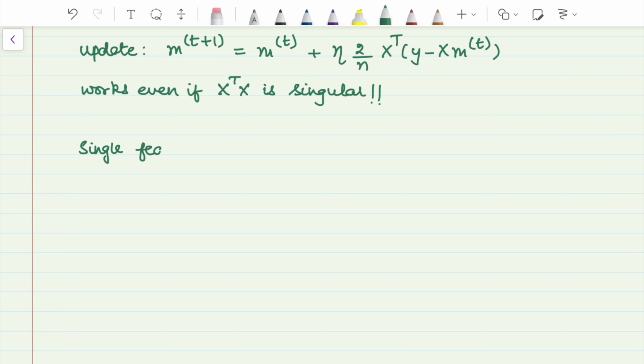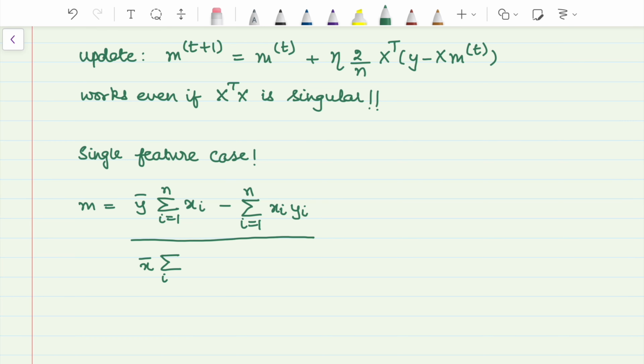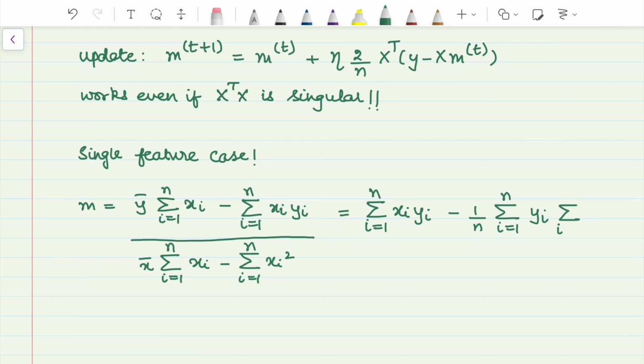Now let us look into the single feature case. If you recollect, we obtained m to be y bar times summation xi minus summation of xi yi divided by x bar summation xi minus summation xi square. Now we rewrite this in a slightly different format where we interchange the signs of the numerator and denominator both.